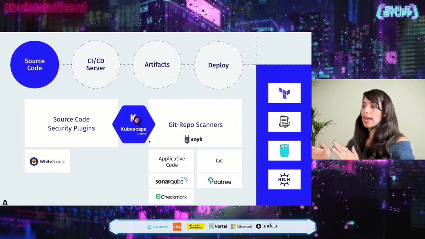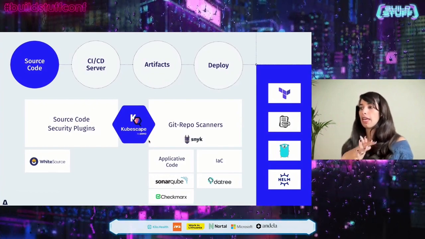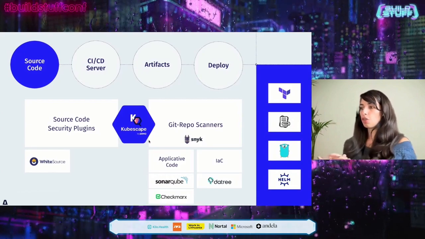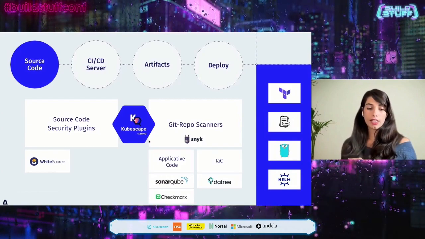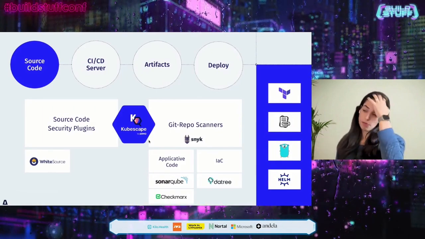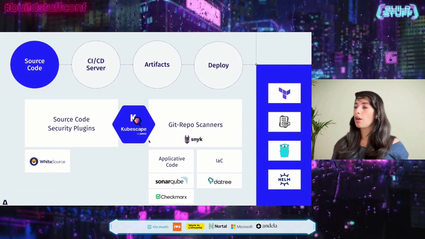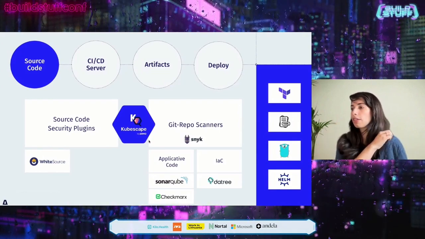And in the IaC code, there are Trivy, Snyk, and CubeScape. And in the applicative code, you can find SonarQube and Checkmarx for checking CVEs mainly. Less misconfiguration, of course. The misconfiguration is mainly in the IaC code.